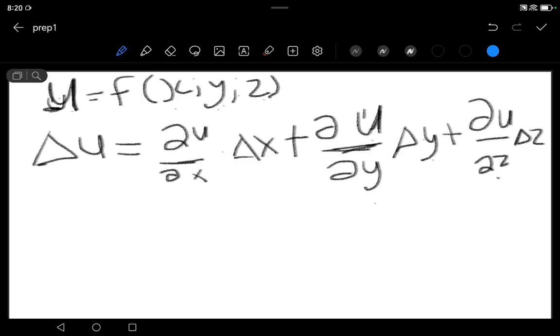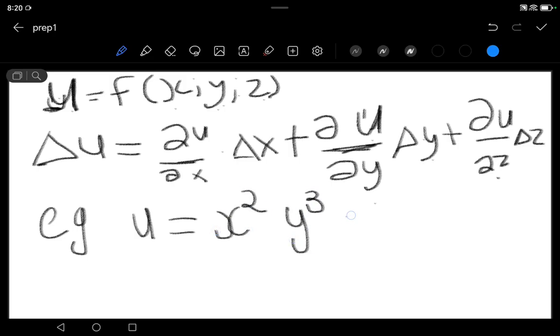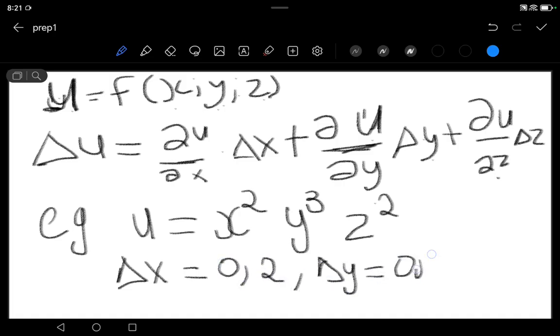Yes, I see. So for example, let's say we have u equals x squared, y cube, and z squared, like this. And they say change in x equals 0.2, change in y equals 0.1, and change in z equals 0.3.